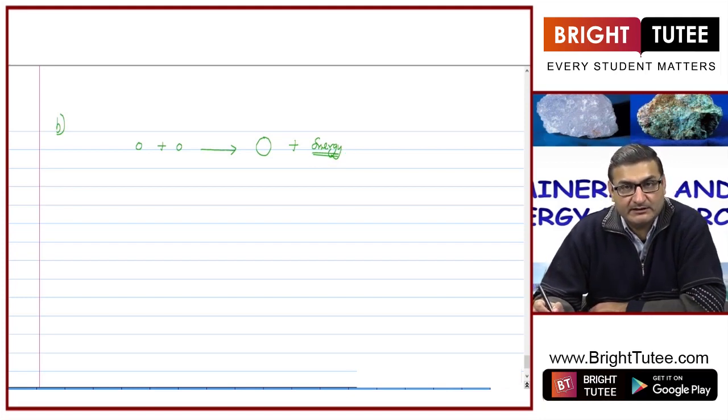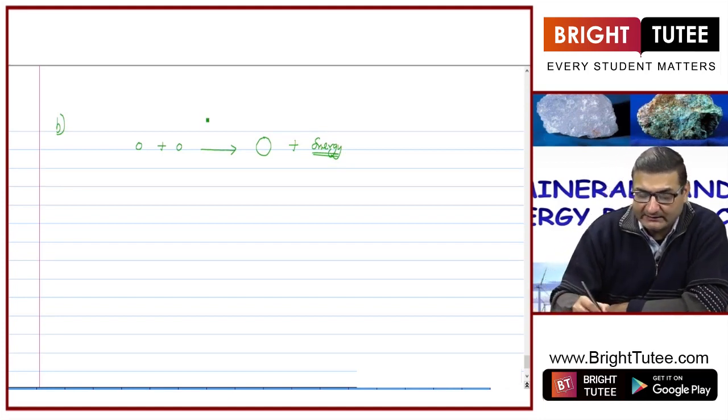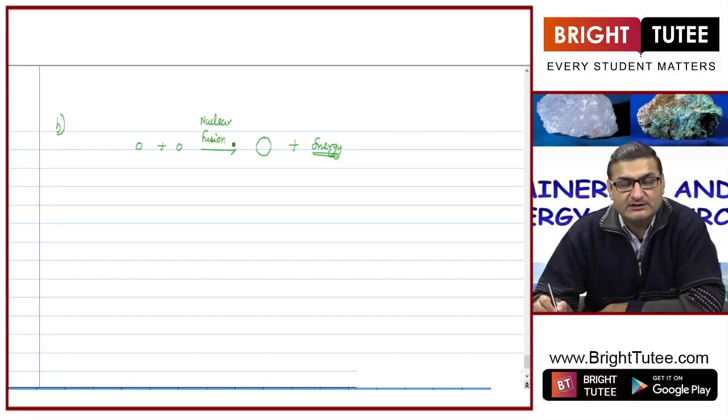Now, in this particular process, we have combined or fused two smaller nuclei. That is why this process is termed as nuclear fusion process. Fusion is joining together, combining together, to add up, fusing. So, this is nuclear fusion process.